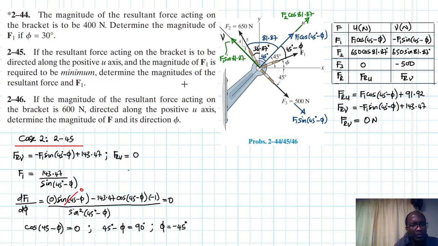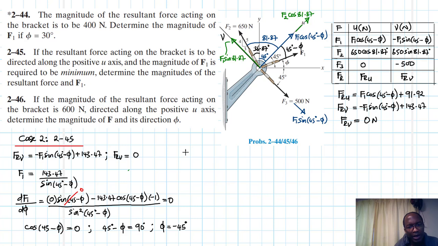Therefore we want to find the magnitudes of the resultant force and F. All right, so let's work it out. I need some space. Now we found phi, so it means we can find what F1 is. F1 is just going to be equal to, using this equation here, when you plug in phi it becomes sin 90.